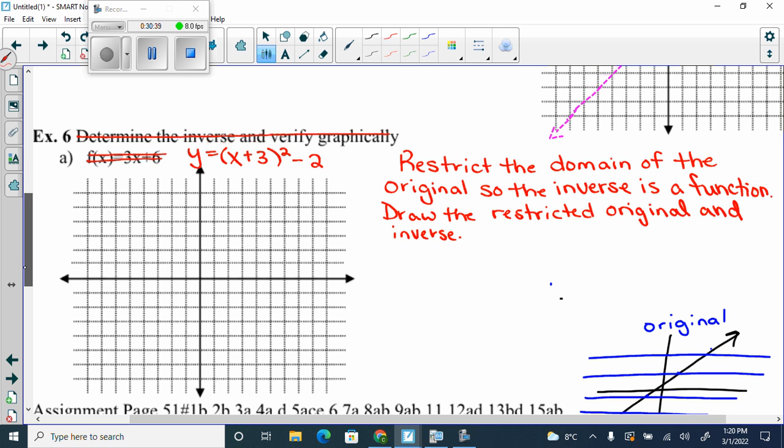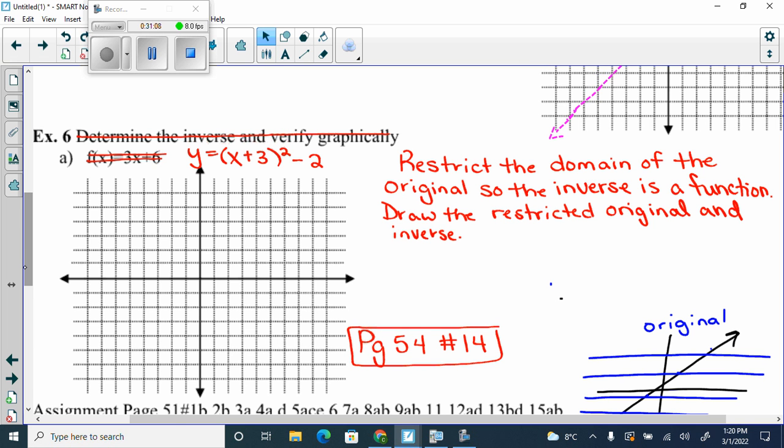But you could. So while I'm coming around and checking them, you can work on that one question, but we're going to move on to radicals right away.